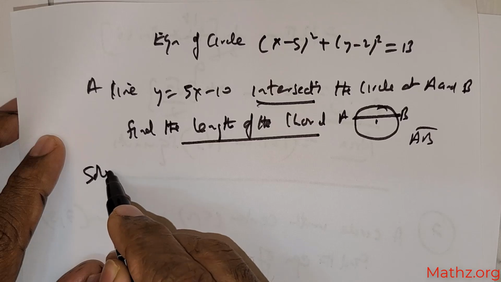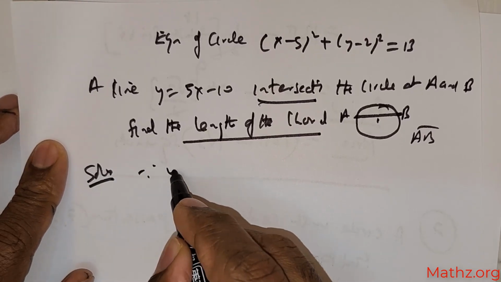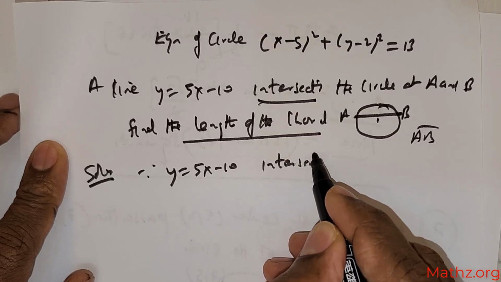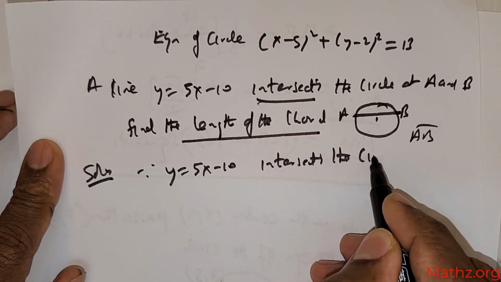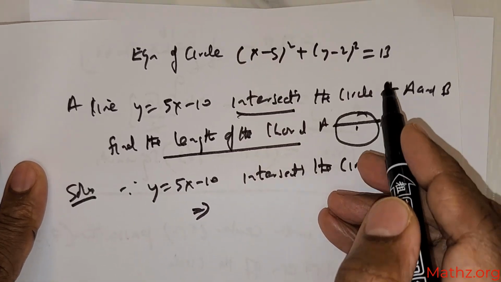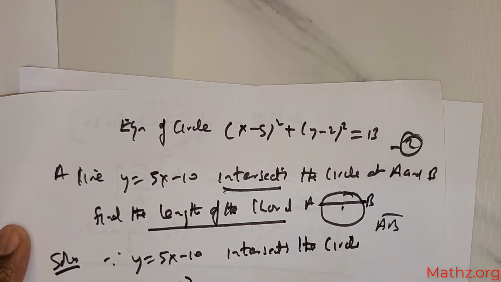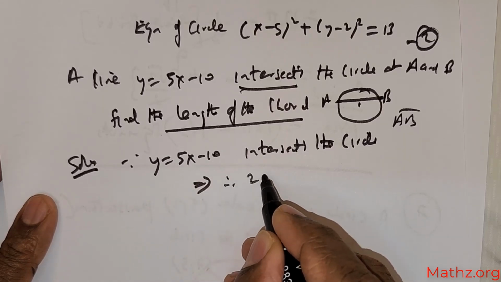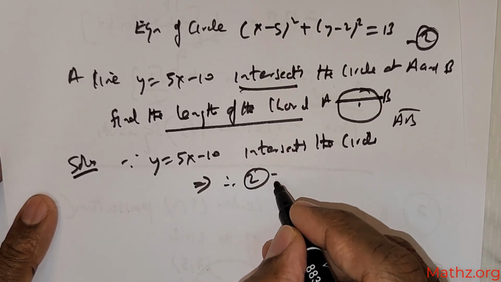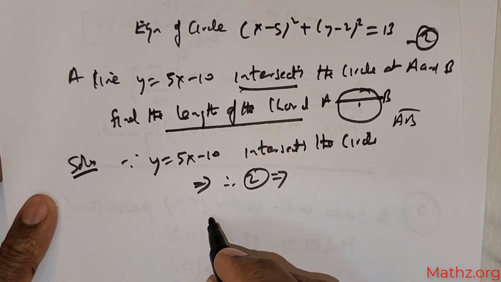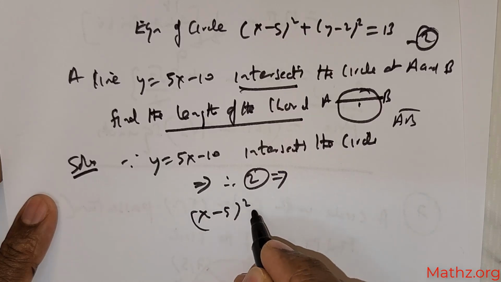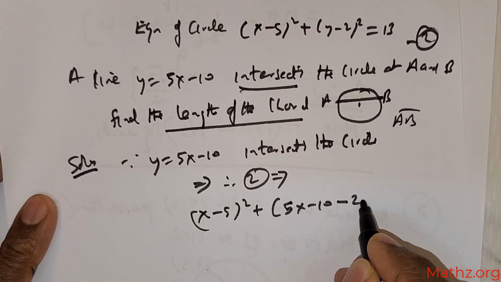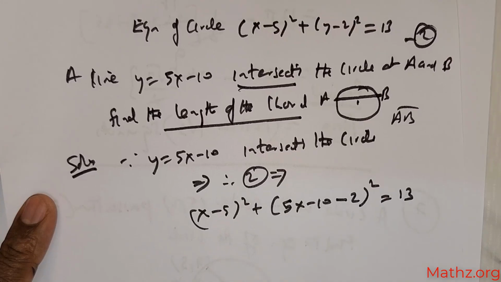So this is the solution. What I'm going to state here is, since y is equal to 5x minus 10 intersects the circle, this means if I take this as say equation 2, I'm going to substitute this in equation 2. Therefore it becomes (x minus 5) the whole squared plus, in place of y, it's going to be (5x minus 10 minus 2) the whole squared is equal to 13.